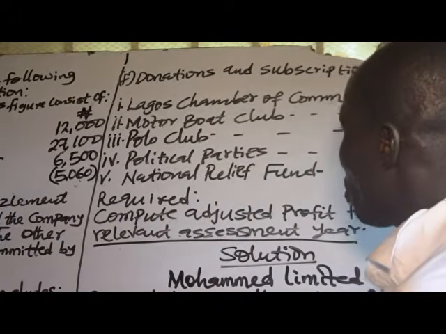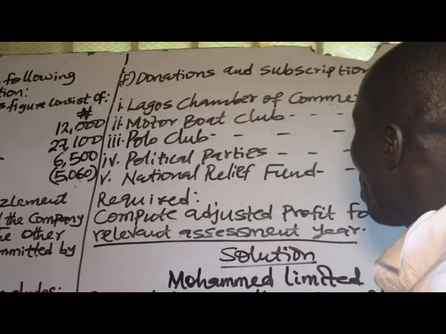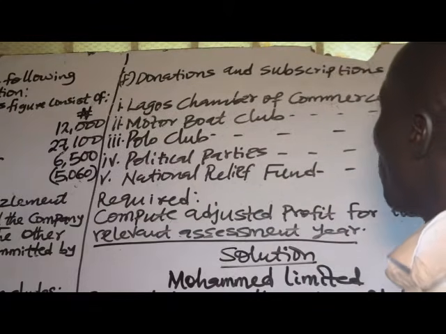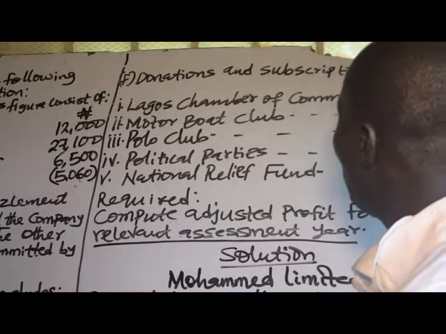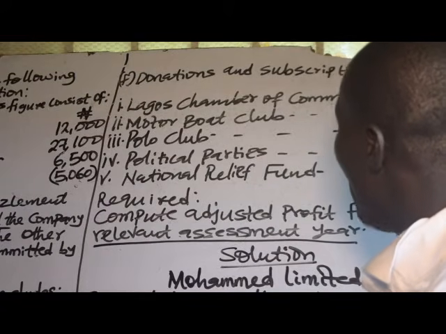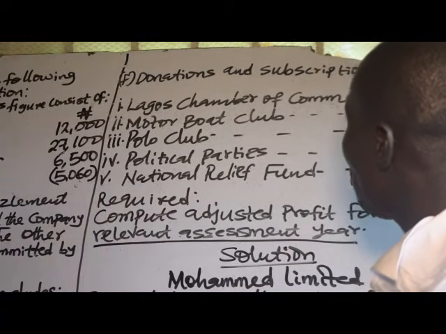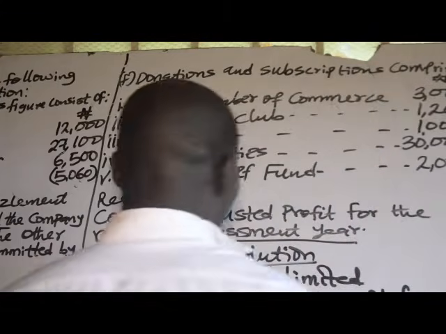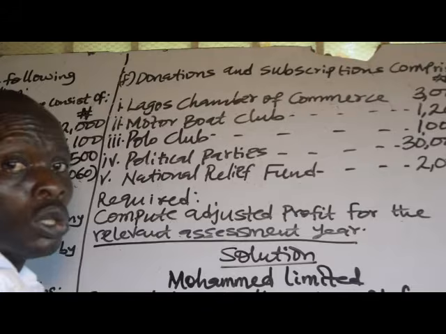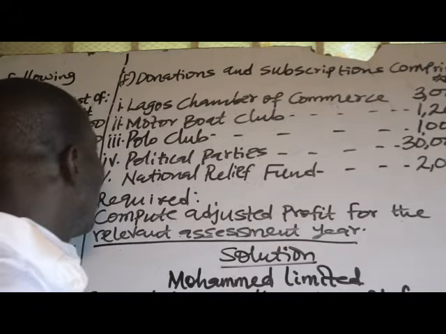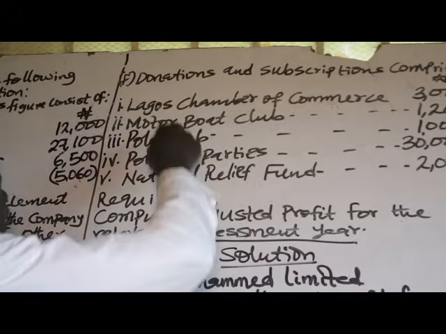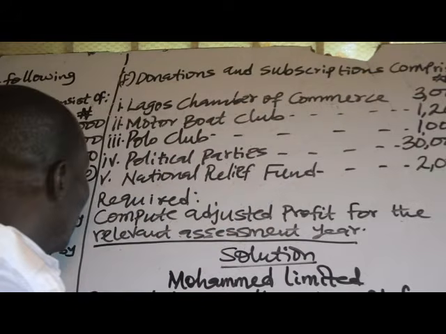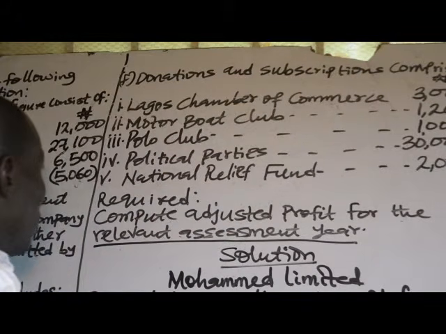I've told you that to know the list of approved body, you go through your study text to ascertain the list of approved body upon which donations can be made. Any donation given to any of the approved bodies is allowable for tax purposes, while donation to unapproved bodies are not allowable. Lagos Chamber of Commerce is one of the approved bodies, so that donation is allowable.